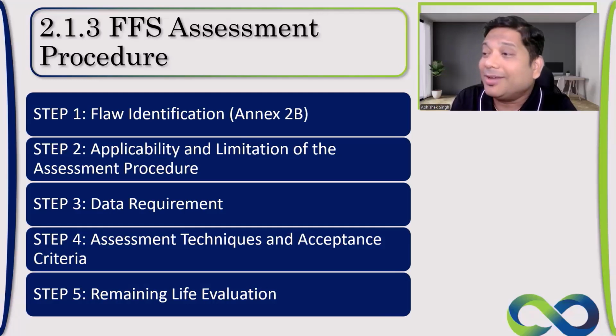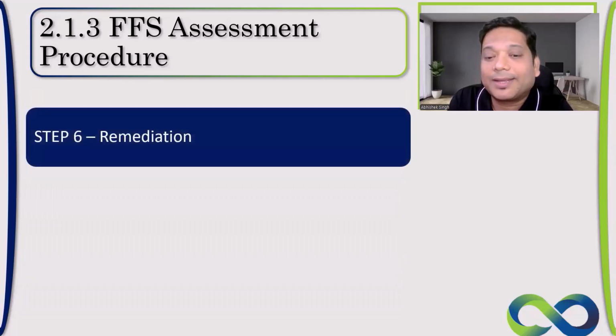Once it is acceptable, then we can go and find out the remaining life evaluation. If it's not acceptable, you don't have to go to the next step; the next step does not become applicable. Only if the item is qualified can you find the remaining life evaluation.